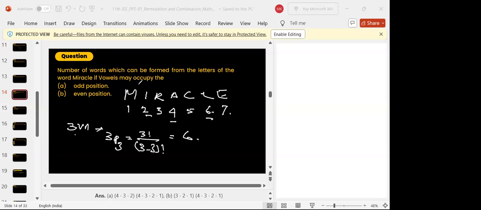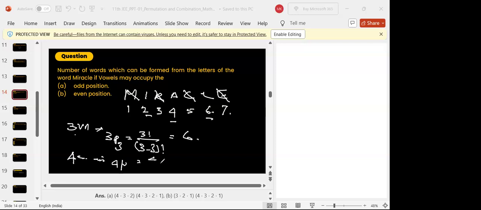Now, let's see this. Even positions are occupied. Now the others, 1, 2, 3, 4, 4 consonants in 4 places.